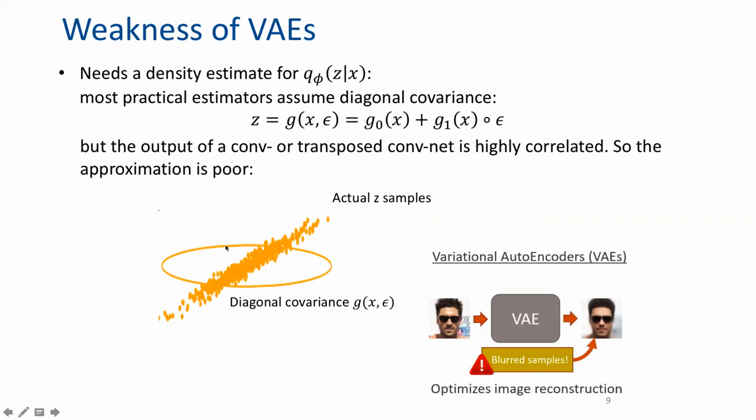And a general consequence of that is that the approximation with some kind of normal distribution actually has a lot more variance or noise than the actual samples do. And introducing that extra variance tends to blur the images.